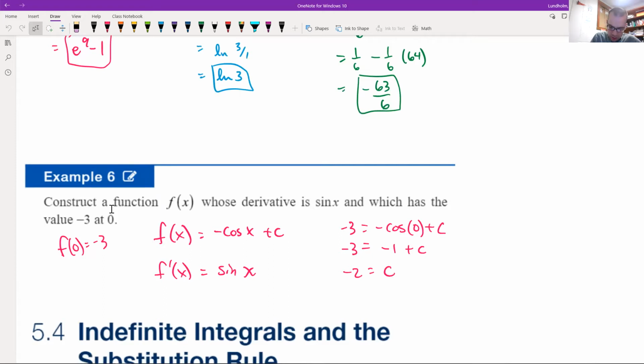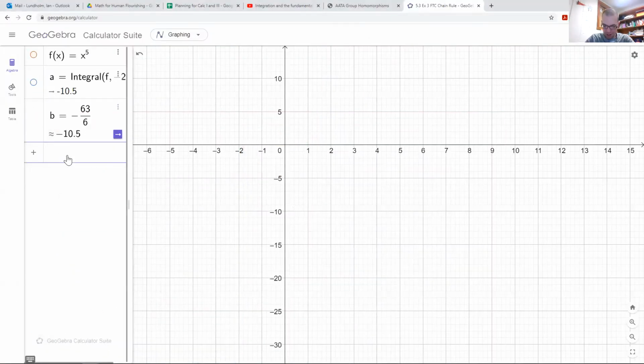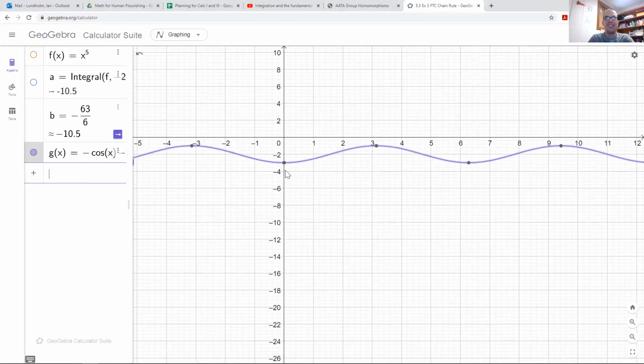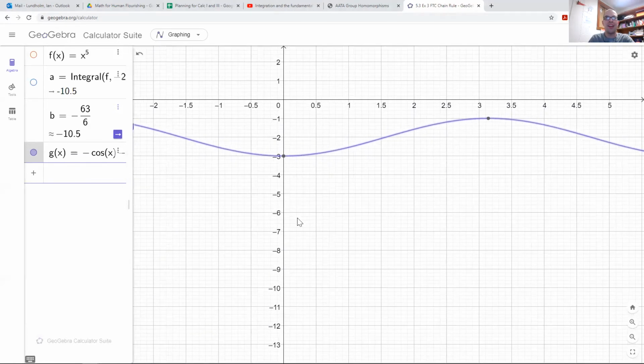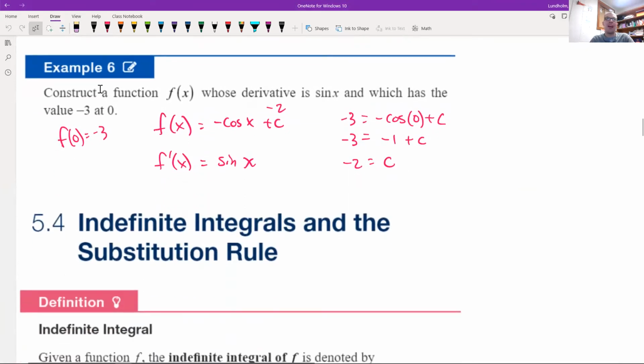So f of x should be negative cosine x minus 2. And that should have the value -3 at 0. Indeed. Negative cosine x minus 2 does have a y-intercept of -3. Okay, that one, yeah. Again, we're doing antiderivative, so it's not bad, but I feel like we've done that kind of question before.